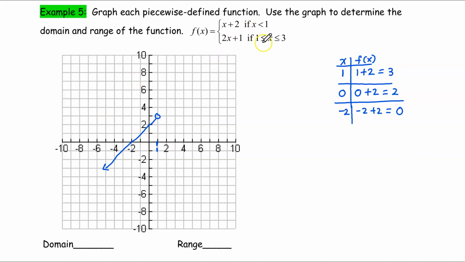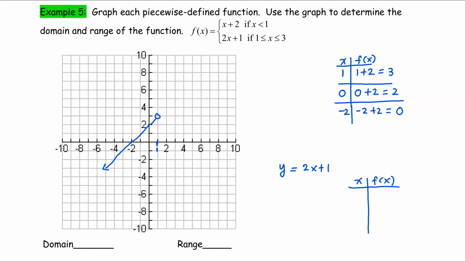Now, when x is between 1 and 3, the piecewise function is defined by this line here, 2x plus 1. Since it is again a line, with y equal to 2x plus 1, we would just need 2 points also, because 2 points determine a line.